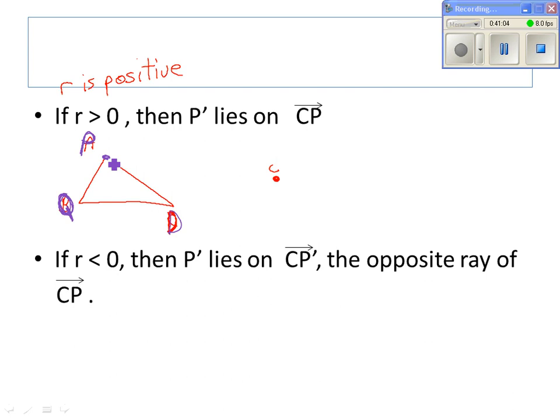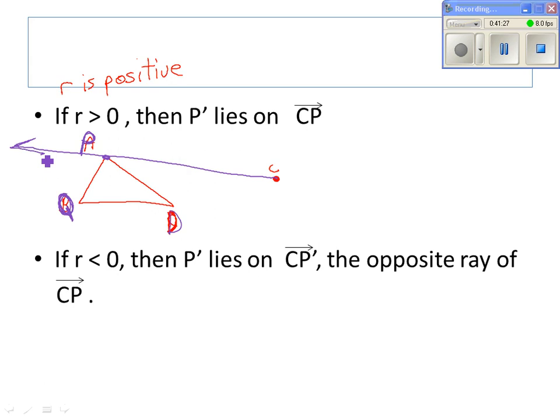Remember, all right, Zach, with CP, a ray, it has a starting point. So where's Zach going to put the pin originally? On C. And it's going to go out through what? P. And it's going to keep going, and he's going to put an arrow on the end. So it's that ray right there.